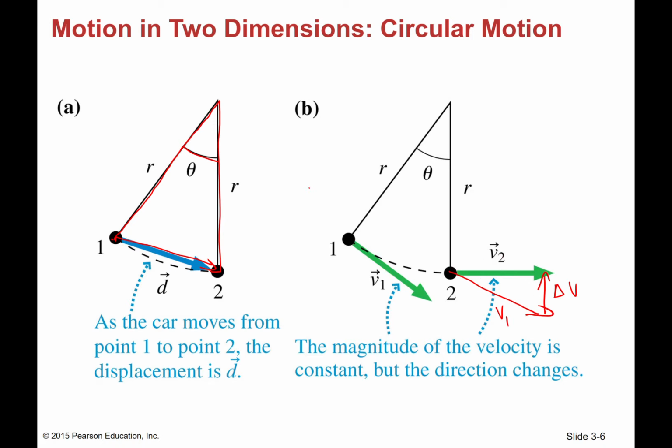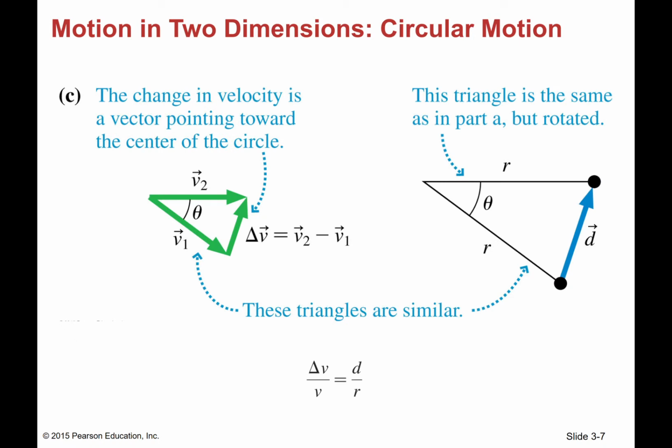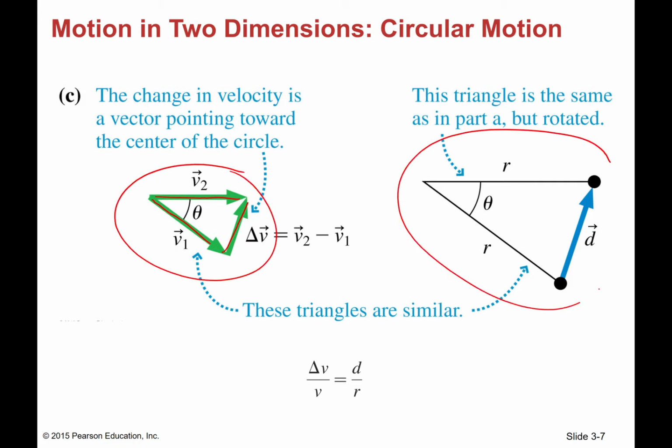So let's look at this in a picture here. This is V1, this is V2, and this is delta V. This triangle is very similar to this triangle, where this is R, and this is a segment of the circle, D, and this is R. So I can say that delta V divided by V is equal to D divided by R, because these two triangles are similar.